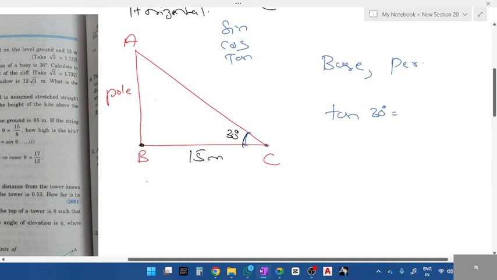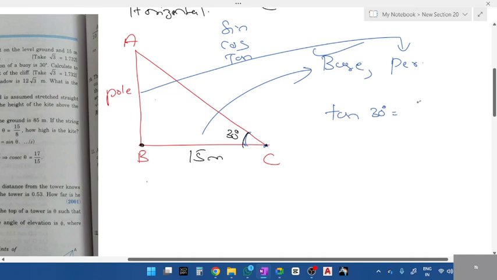From angle C, check which measurement they have given. 15 meters is given, that is the base. Next, check what we have to find, whether the height or the hypotenuse. We have to find the height of the pole AB. That is perpendicular. Then check which formula we use for perpendicular and base. Write that formula: tan 30 degrees equals perpendicular by base.